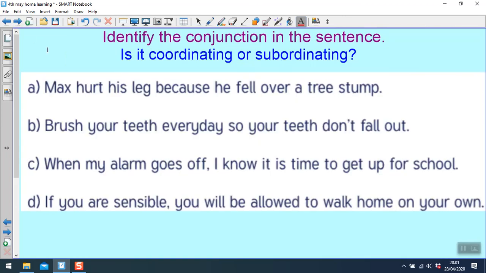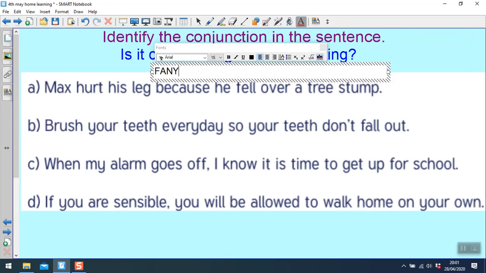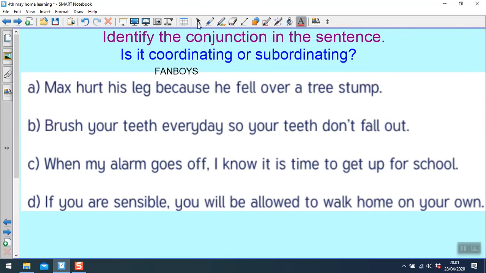Now exactly the same thing, where's the conjunction and is it coordinating or subordinating? So coordinating, FANBOYS. If not, it's subordinating. Pause the video while you do this. So because is my conjunction, so, when and if.